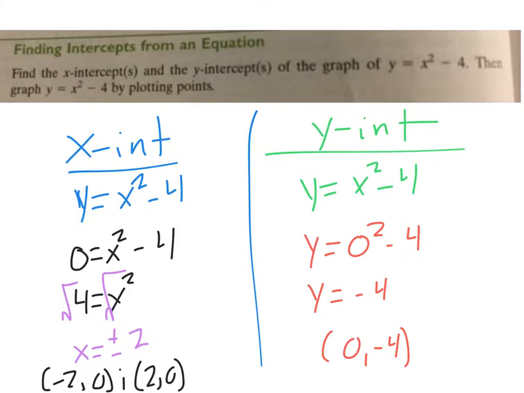So let's try to graph this. I'm going to start by graphing my x-intercepts. Those x-intercepts occurred at negative 2, 0 and 2, 0. The y-intercept was at 0, negative 4. And we had symmetry with respect to the y-axis. I should have lightened that up. Give me just a second.